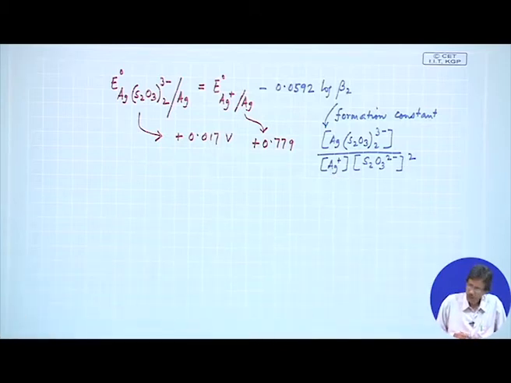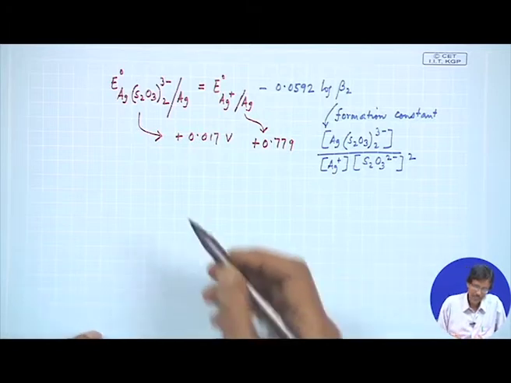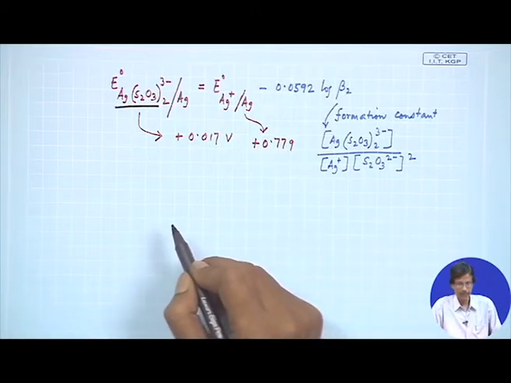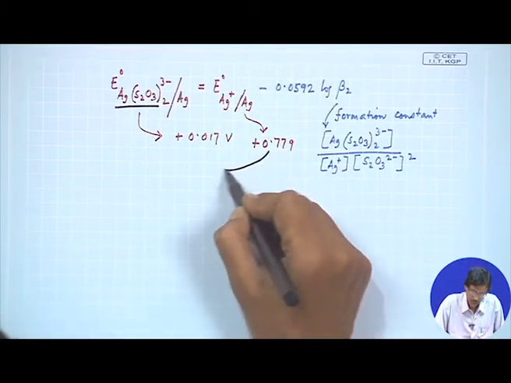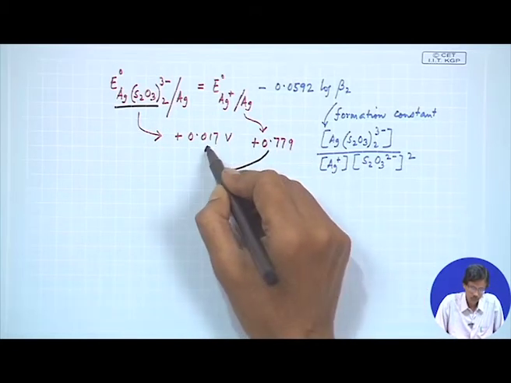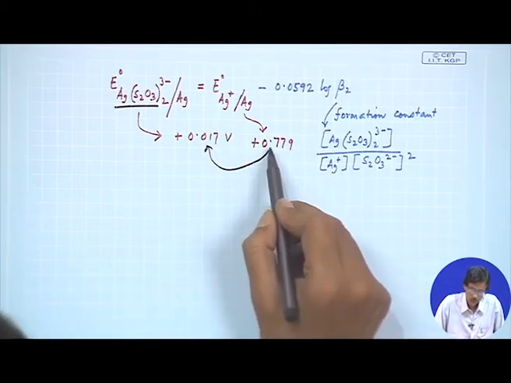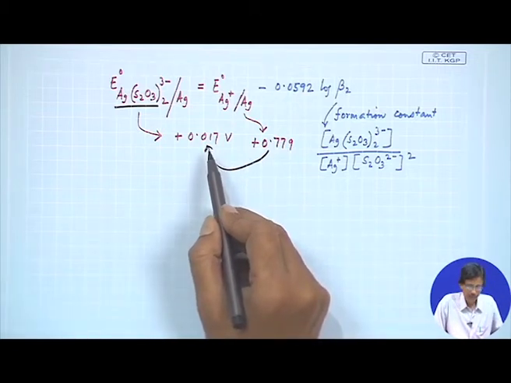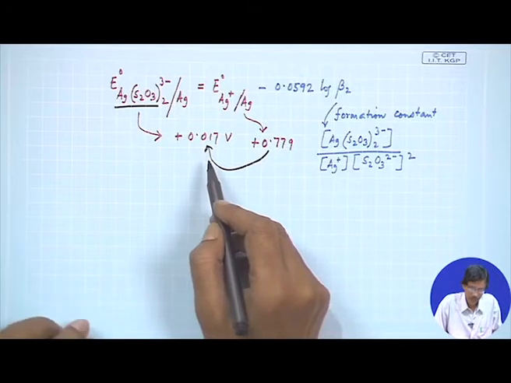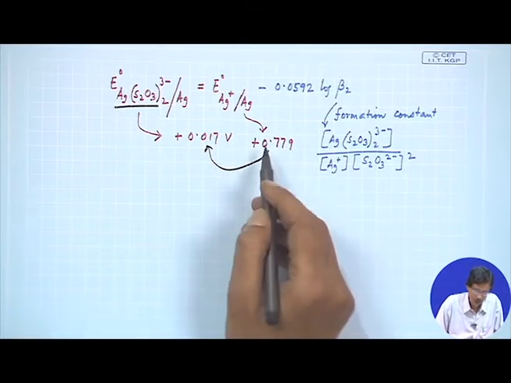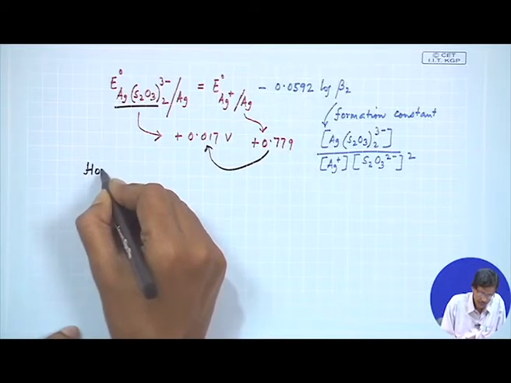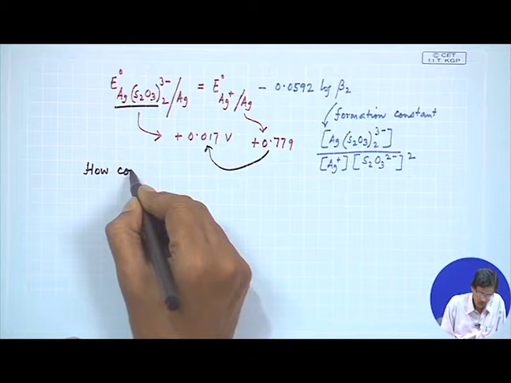So, you see, due to complex formation, our basic intention is to reduce the free ion concentration, that means the silver ion concentration in the medium. The complexation can reduce the corresponding potential value from 0.779 volt to 0.017 volt. That is good information on how complexation can help us for any reaction.